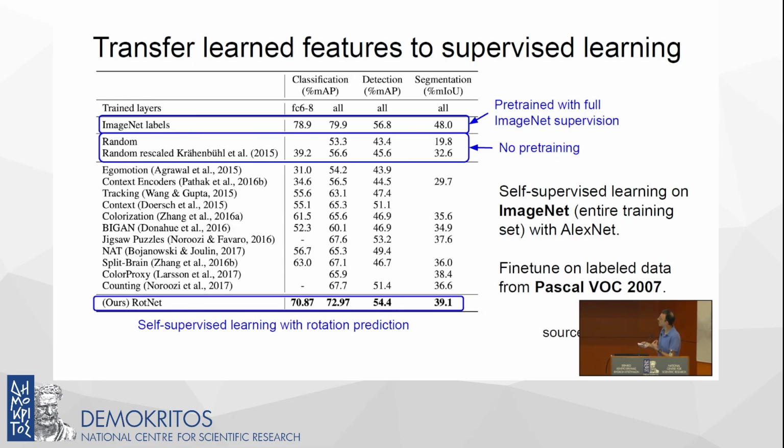In this case, we're again using ImageNet, but we're not using the labels. We're just using these pretext tasks, and still we can get a performance which is very close to the performance of fully supervised pre-training. If you don't do any pre-training, which is this row here, because in your new task you don't have enough data, you are going to overfit, so you're going to get very bad performance.